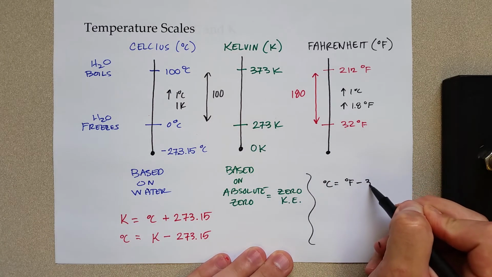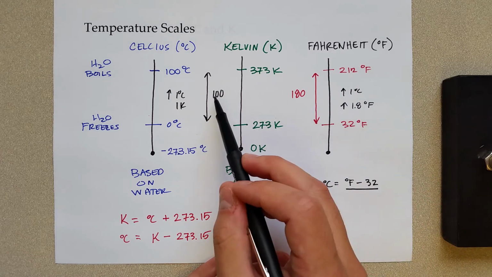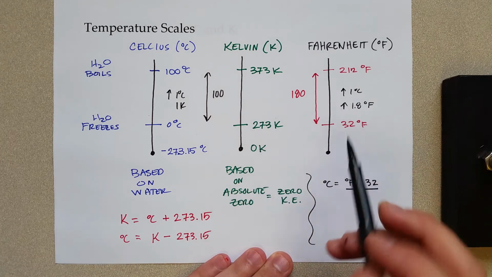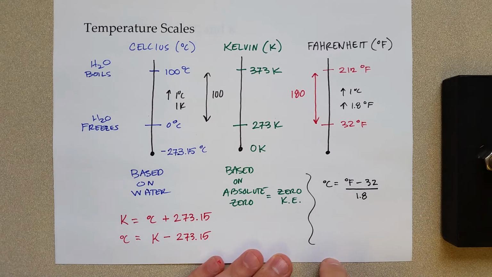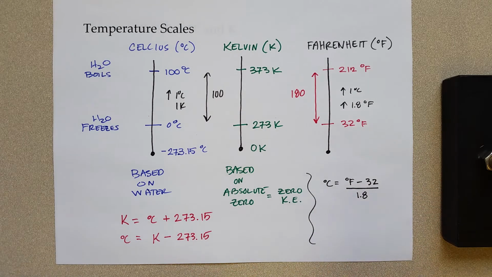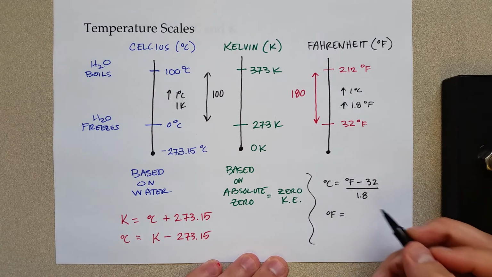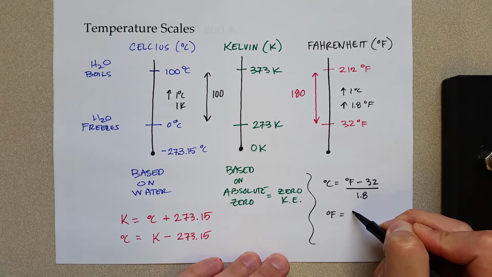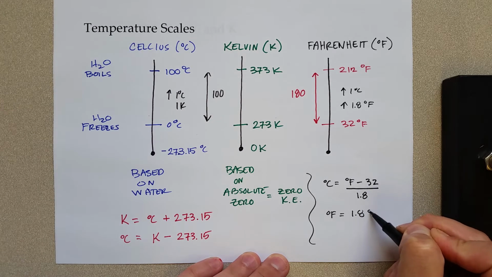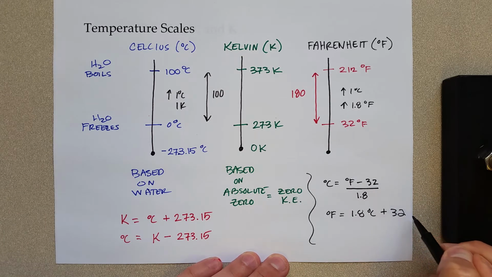So Fahrenheit minus 32, and then also divide by that 180 over 100, or 1.8 over 1 factor. So we divide by 1.8. And then when converting from Celsius to Fahrenheit, which is usually much less common, we would multiply the degrees Celsius by 1.8 and then add 32.